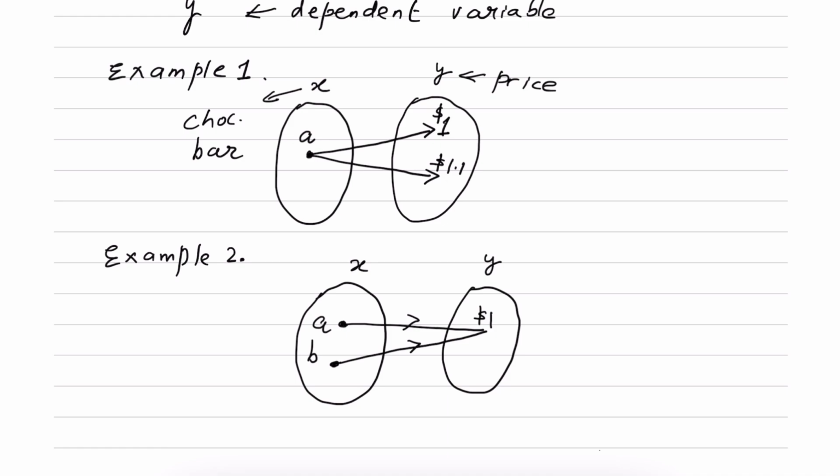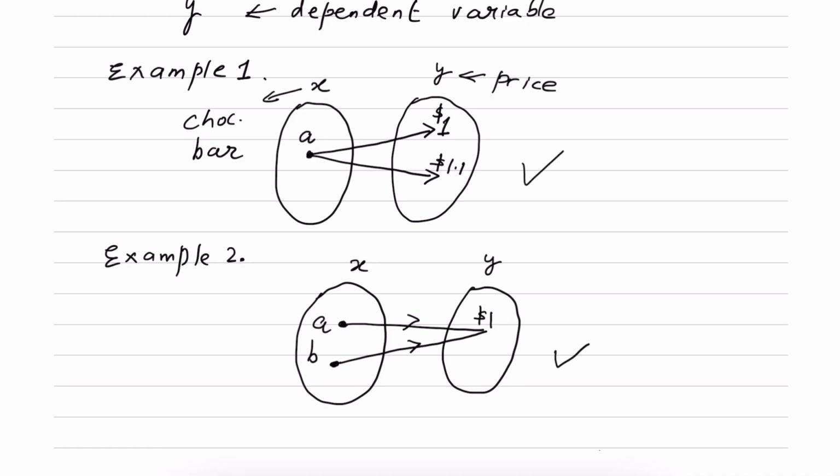In this case, A determines one value, which is $1, and B also determines one value, which is $1. So the definition of a function does not say that the y value should be unique. As long as each x is associated with one y value, the definition of the function holds. So in this case, yes, this is a description of a function.